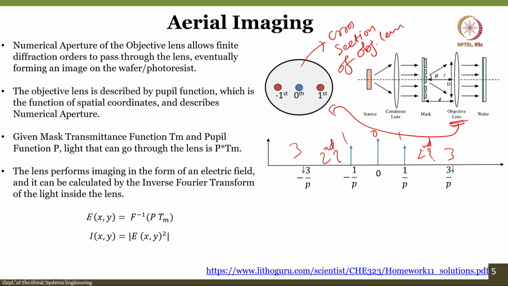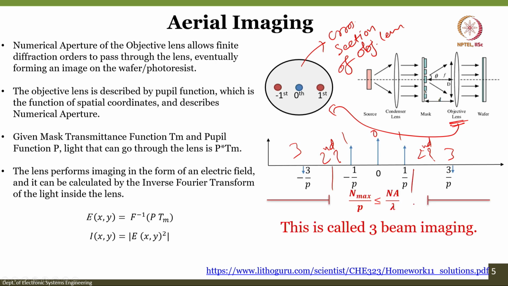How it happened, you can check in this particular link to identify why this particular order is not present. But the lens is saying, I am only that big, so I can only cover till this point and this point. Then you are taking 3 beams into consideration, hence it is called 3 beam imaging, an important point. And here you see that light is incident normally.